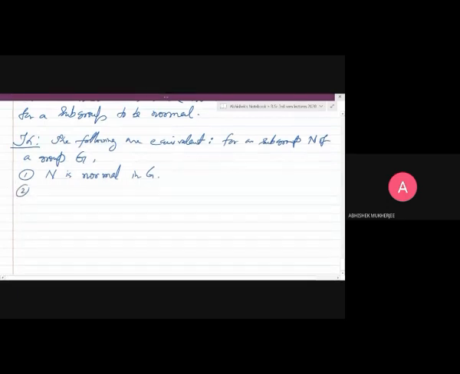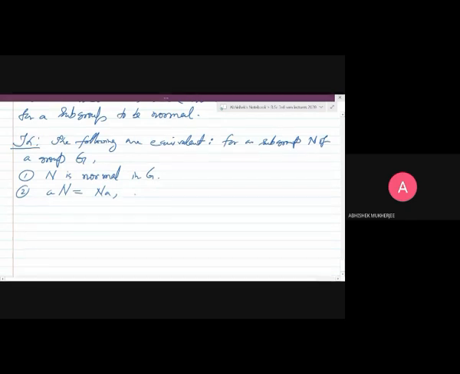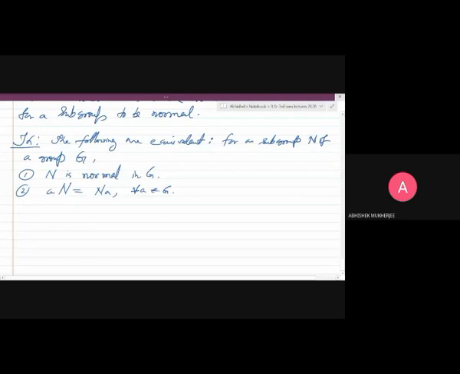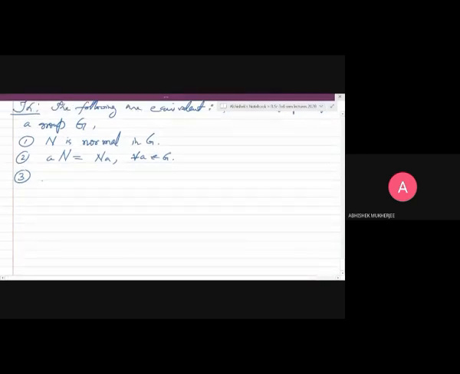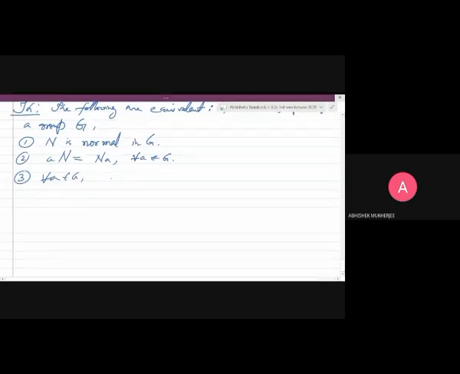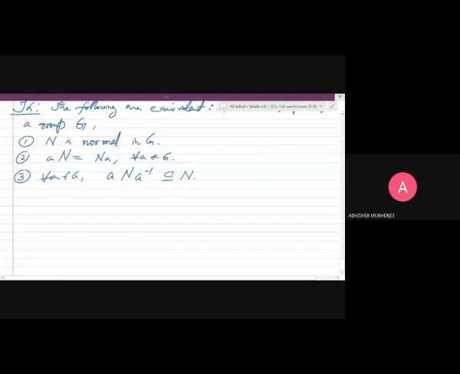Number two, so we have the fact that every left coset equals its corresponding right coset. Right. Not only that, for all a belongs to G, aNa inverse will be a subset of N. Okay.